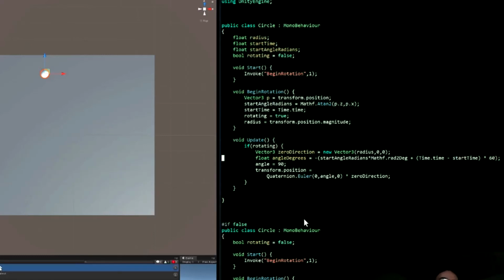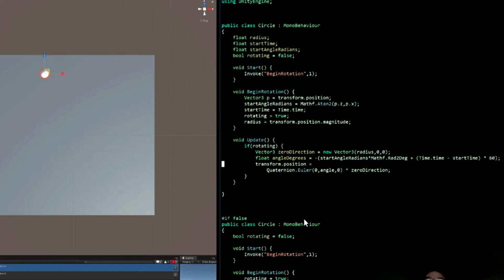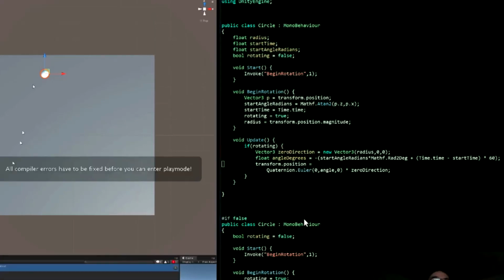And yeah, it would be great if C# had strict type checking. The name angle does not exist. I can get rid of that.